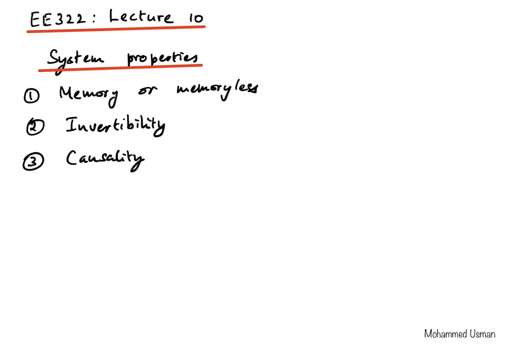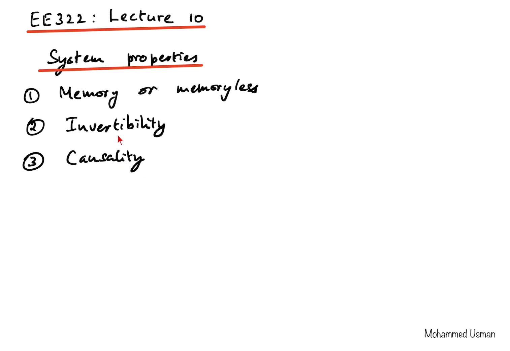We call this averaging. I'll give a typical example showing that a non-causal system can be implemented, and then we move on to the next 3 properties of systems.